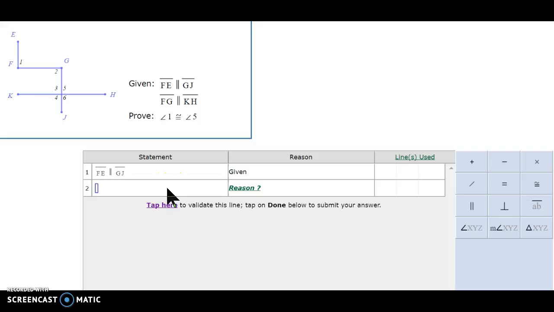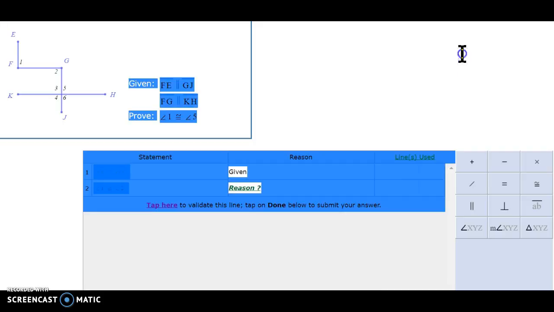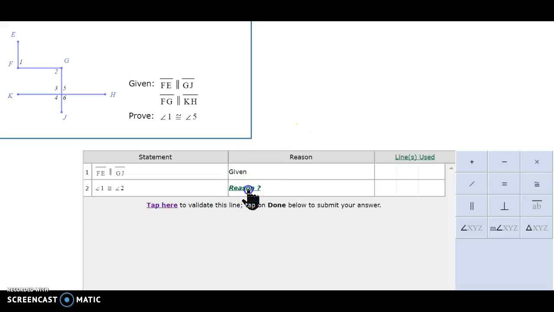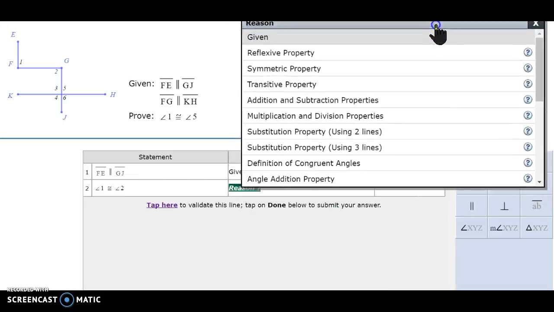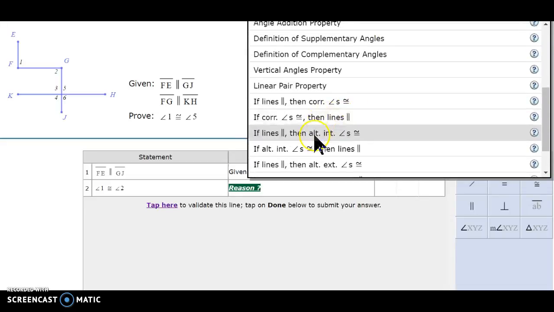Please be very careful when you're typing your answers. So if FE and GJ are parallel, then angle 1 and 2 will be congruent, right? Angle 1 is congruent to angle 2. And the reason is if lines are parallel, then alternate interior angles are congruent.